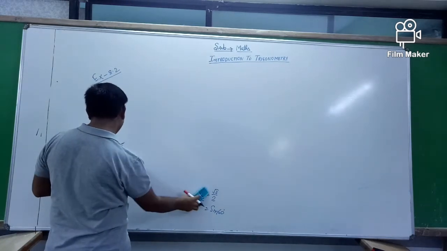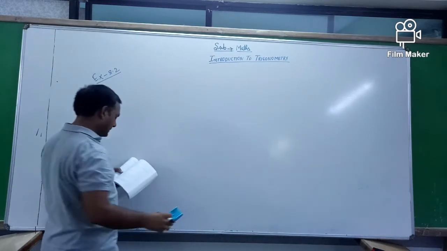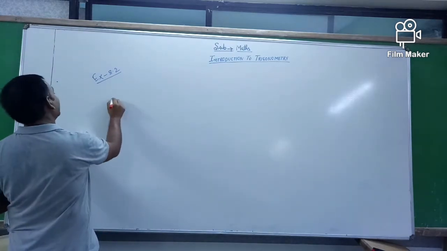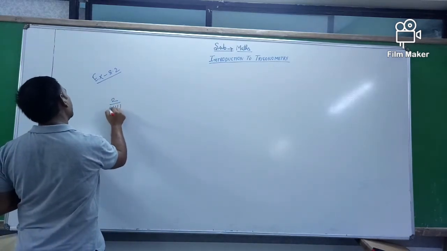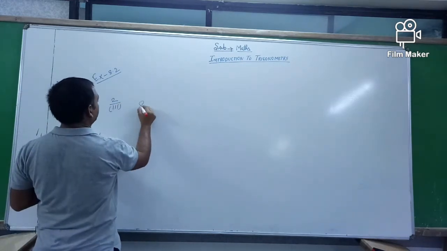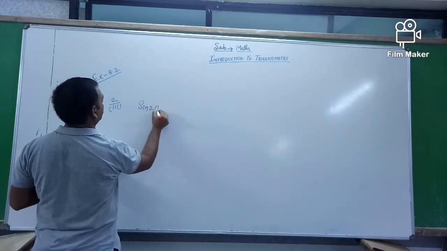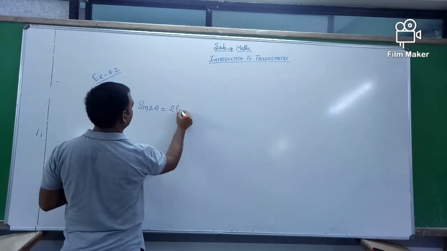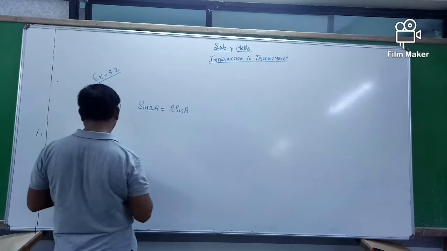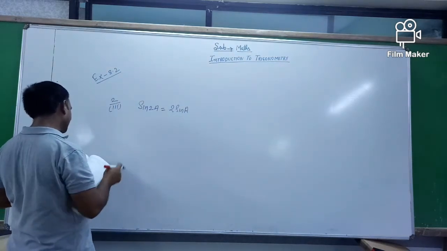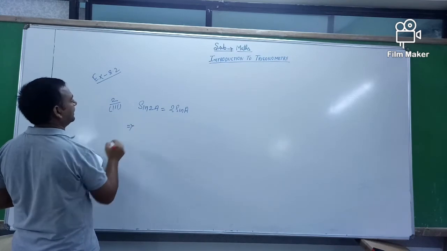Then question number 2nd or 4th. No, we solve 2nd or 3rd because 4th is the same as this. Sin 2A is equal to 2 sin A. So true for 30 degree.